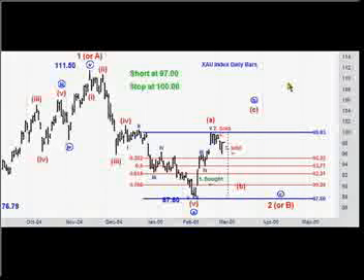I've drawn in the Fibonacci retracement table, and we have some interesting information here. If we look here at the 0.786 retracement area, right in here, we see that the 79% comes in at 90.24.